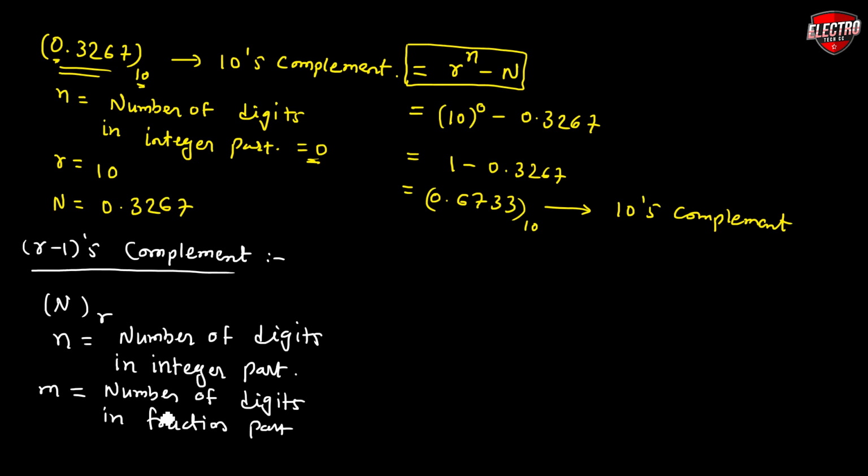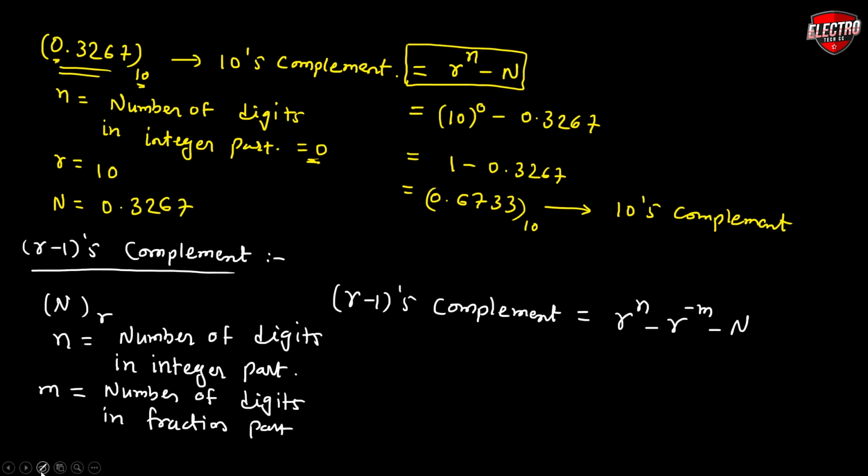Then the R minus 1's complement for the given number is given as R raised to n minus R raised to minus m, minus N.